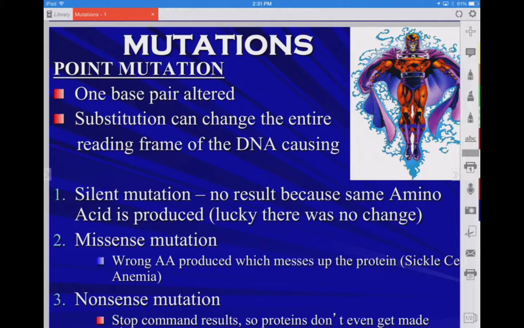Okay, I like to do the mutation thing here. When you look at Magneto from the X-Men, there's this Hollywood genre idea that these mutate. There's a mutant gene and it gives people powers to manipulate magnetic fields, and oh my goodness. The reason I put that in there is mutation's not like that. It doesn't change the whole organism.